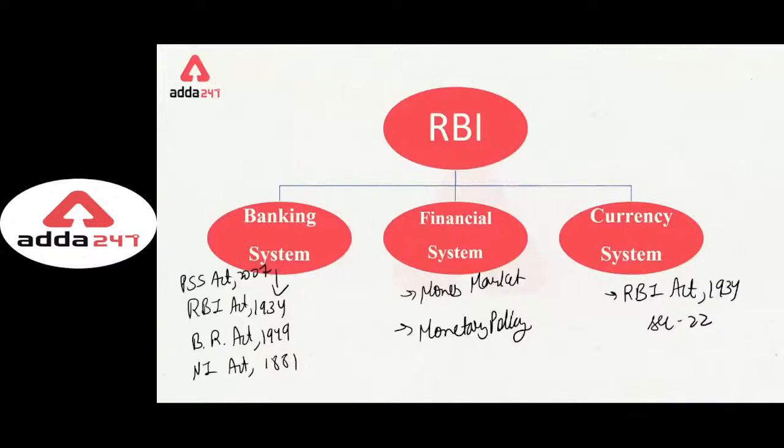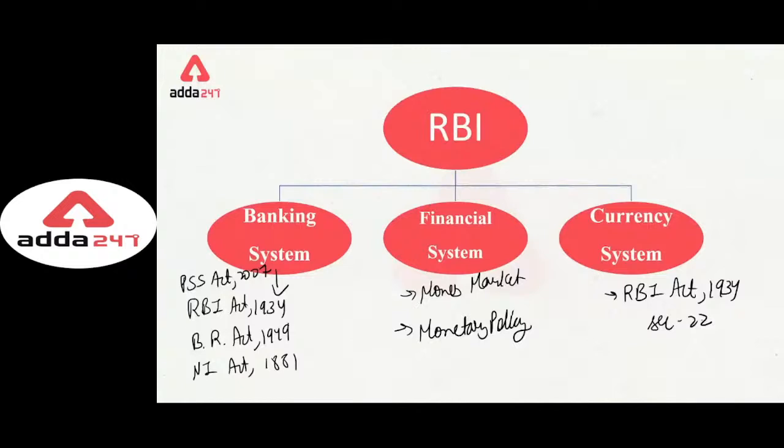Very good. 1 rupee note. 1 rupee note will be printed by Ministry of Finance, Government of India, not by RBI. Okay. So simply RBI under Act 1934, Section 22 has the sole right to print all the denomination except rupee 1. Okay, that is your currency system. So these are the three systems which are regulated by RBI in the country.